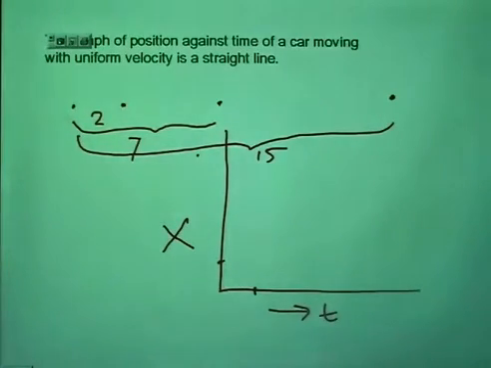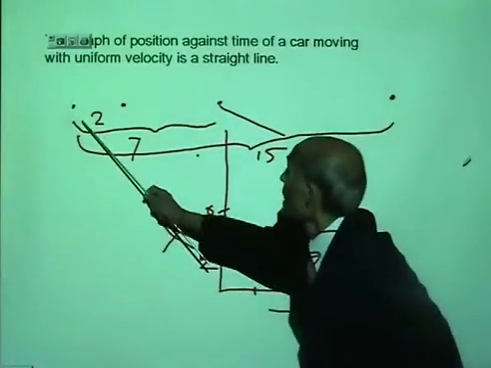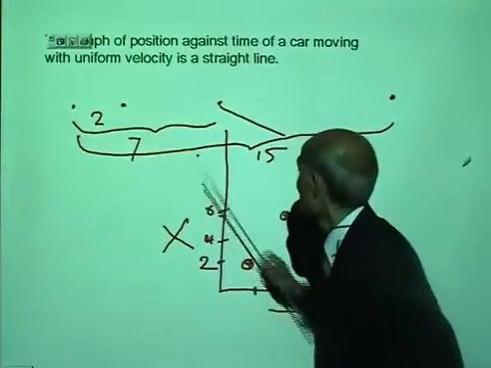So at the end of the first second, this is where the object is. At the end of the second it has traveled, if this is 4, this is 8, that will be 7. You see, at the end of the second. So, at the end of the first second, our car traveled a distance of 2 meters.